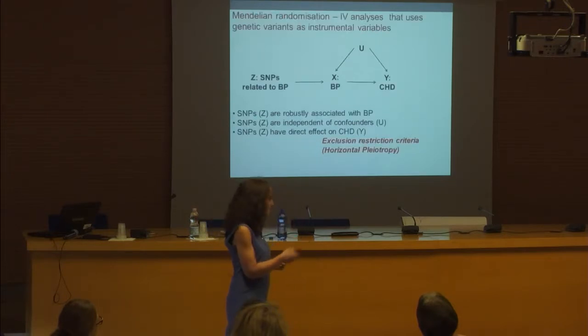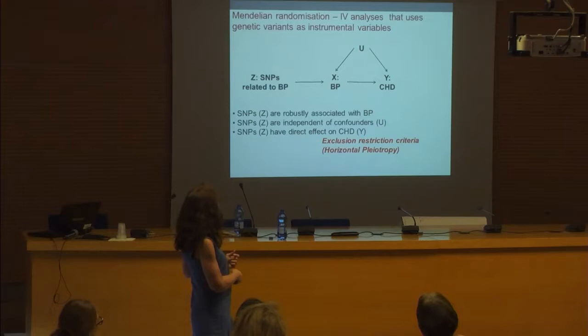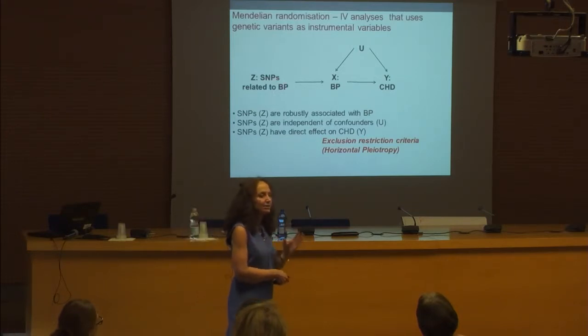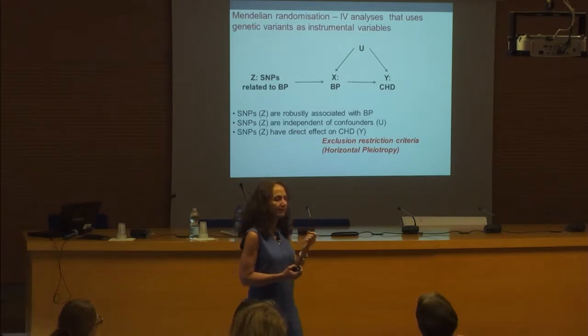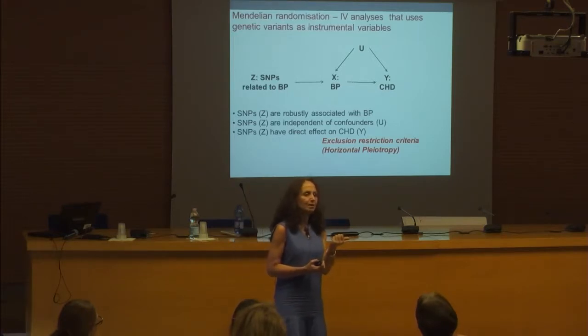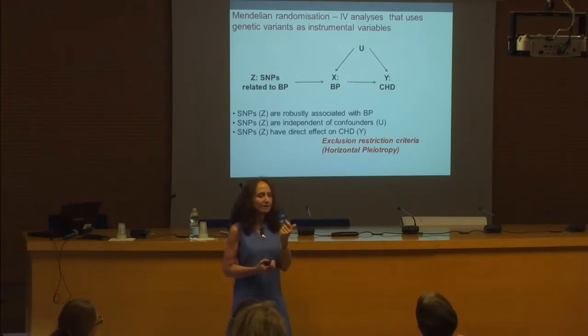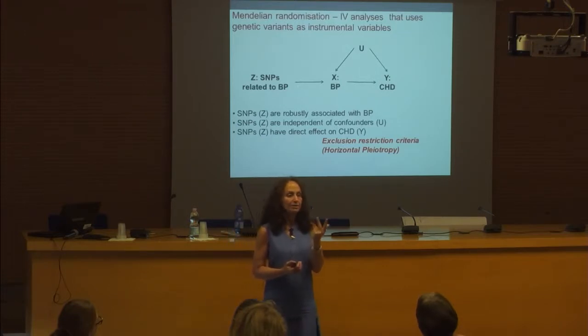And so, as I've said, this is what it might look like if we had SNPs. So the word SNPs is just single nuclear polymorphism. They're the type of genetic variant that we tend to use in Mendelian randomization. Mostly we use them as a 3-order categorical variable, going from having none of the blood pressure affecting alleles, one of the alleles, 2 of the alleles.